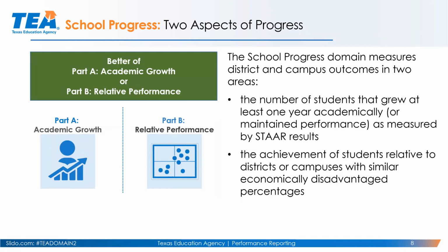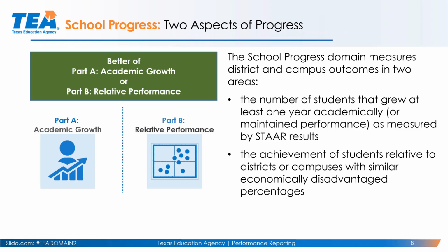So the school progress domain measures district and campus outcomes in 2 areas. Part A, academic growth, evaluates the number of students that grew at least 1 year academically or maintained performance as measured by STAAR results. And Part B, relative performance, evaluates the achievement of students relative to districts or campuses with similar economically disadvantaged percentages.